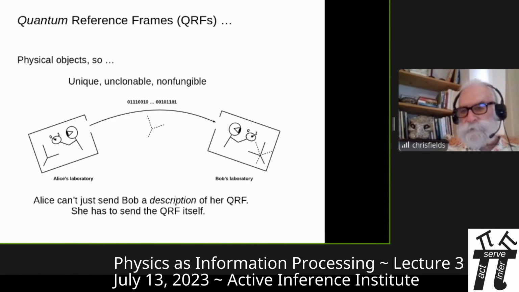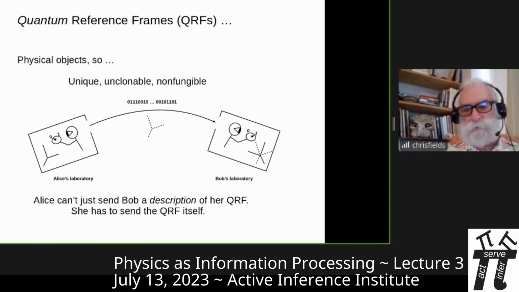And that applies to reference frames because they encode what Bartlett et al. in that paper called non-fungible information, which just means information that can't be completely represented in any finite bit string.